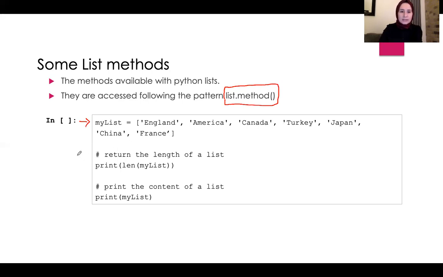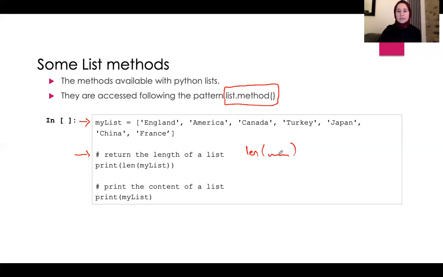And now in the first example here, we would like to return the length of a list, right? So let's assume that you have a really long list and you want to learn the length of the list, how many items are involved in your list. And for this one, basically you use the len function, len method.